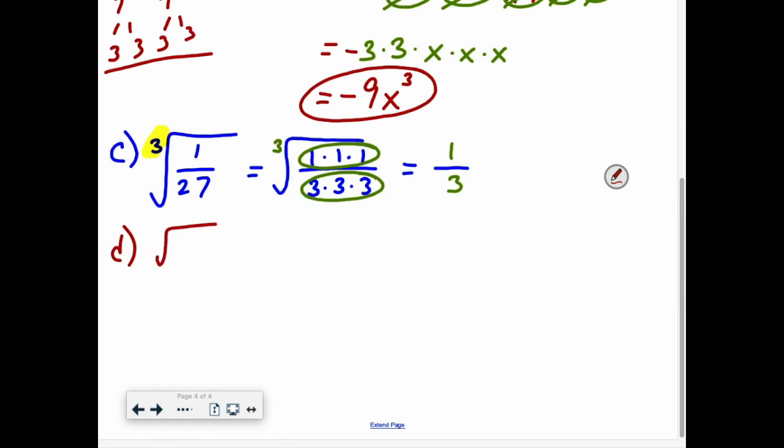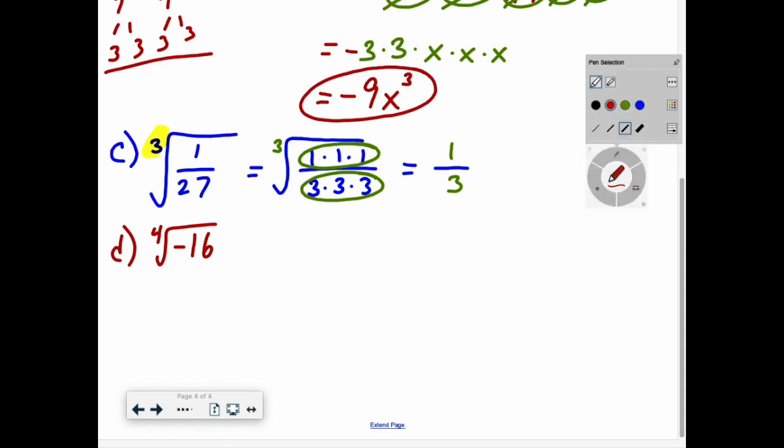The fourth root of negative 16. Now, here's where we run into a bit of annoyance. This doesn't have an answer. There is no number that can multiply by itself 4 times, and we know it has to be 4 because of this index of 4, to equal negative 16.